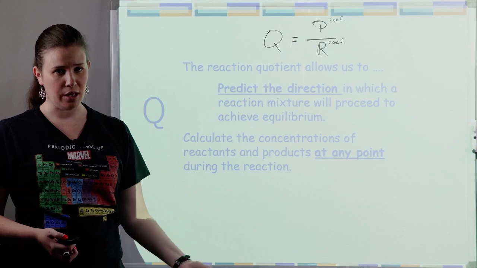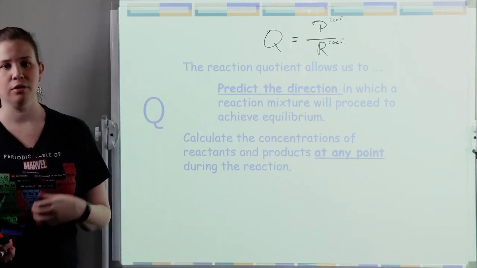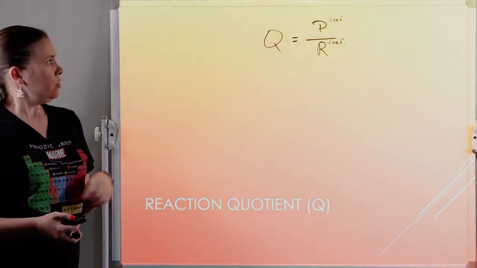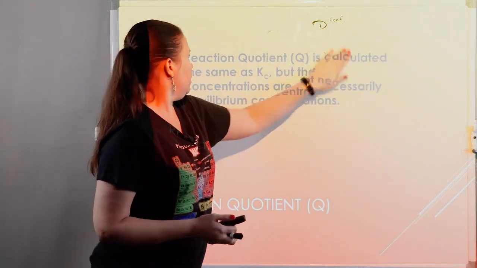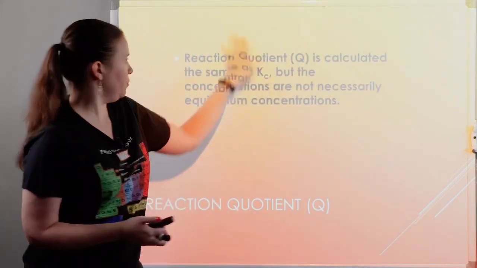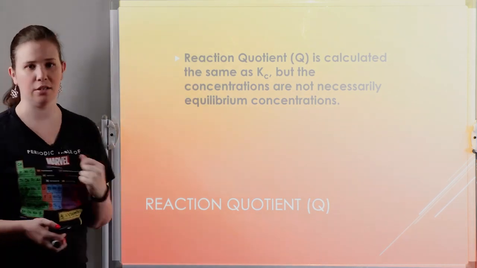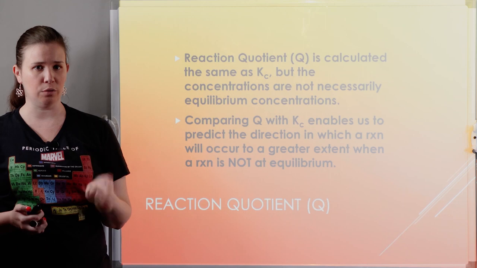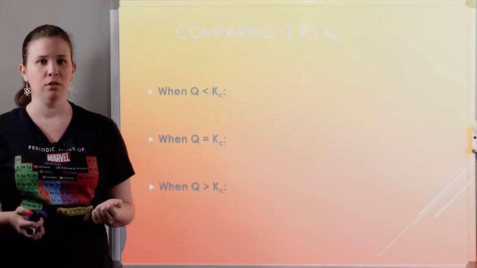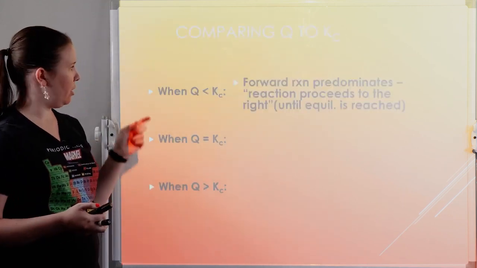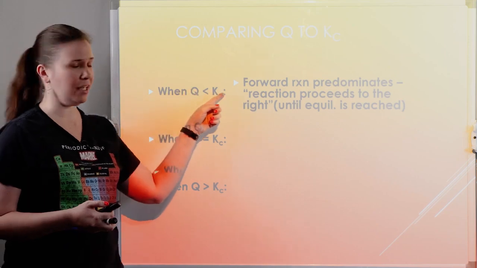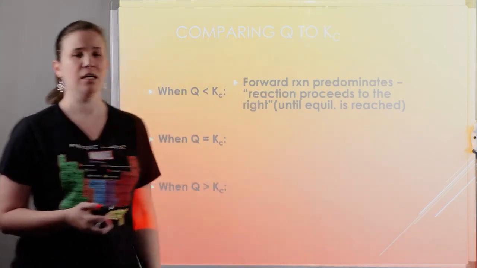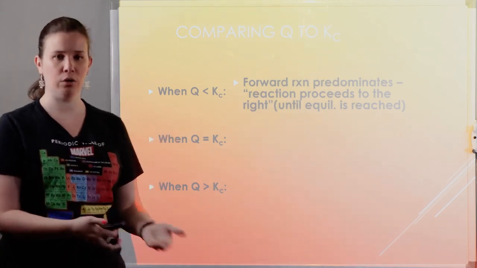If Q equals K, then I'm at equilibrium. If it's not, I need to figure out which way to go. Our reaction quotient is calculated the same, but it's not necessarily the equilibrium concentrations. That comparison of Q with K is what it's all about. If I have a Q that is less than K, that means I haven't quite reached equilibrium yet, and so I need more of a forward reaction.